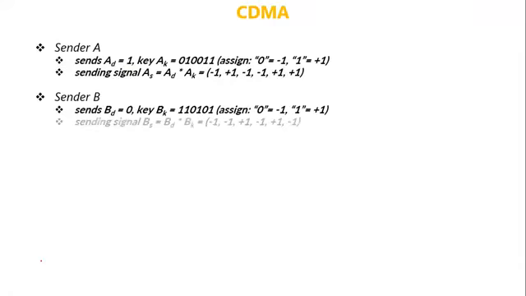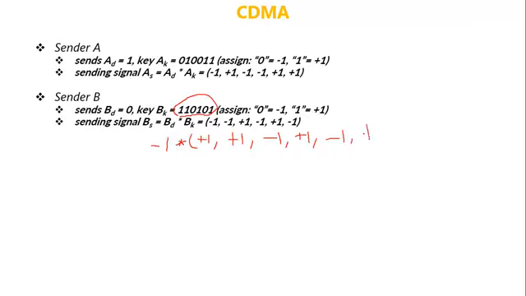Now there is another sender B. Say B wants to send the data 0, and the key used by B is 1 1 0 1 0 1. Again we represent all 0 as -1 and all 1 as +1, so the key becomes +1 +1 -1 +1 -1 +1.